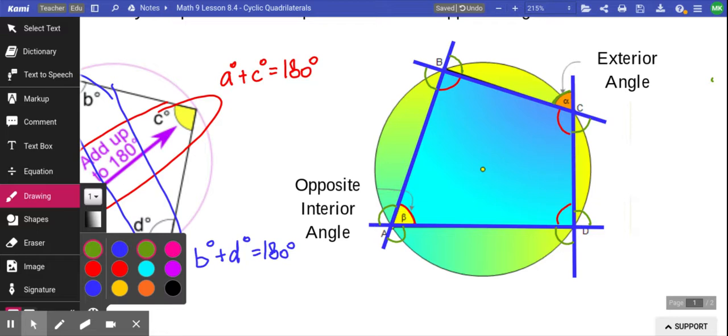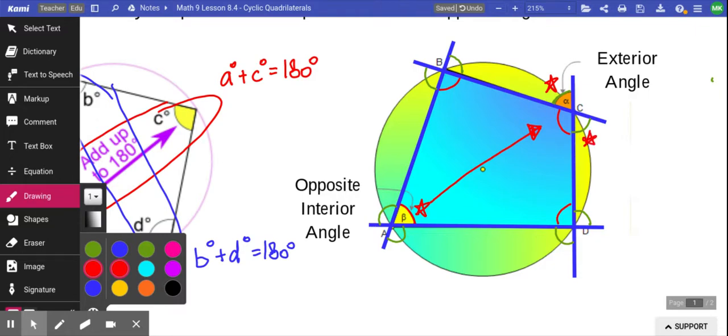The rule that we're going to learn with this is that when you have an interior angle, the opposite exterior angle will be the same thing. So if I'm looking at this, where I put that star is an interior angle. If I go to the other side of the quadrilateral and look at the exterior angles, those would actually equal the same thing.